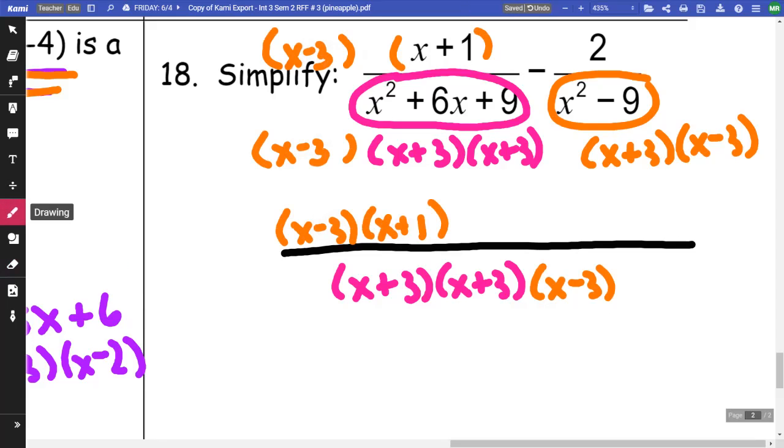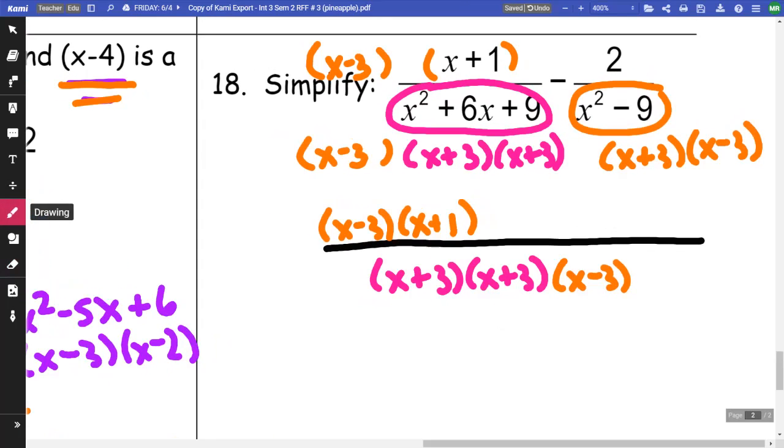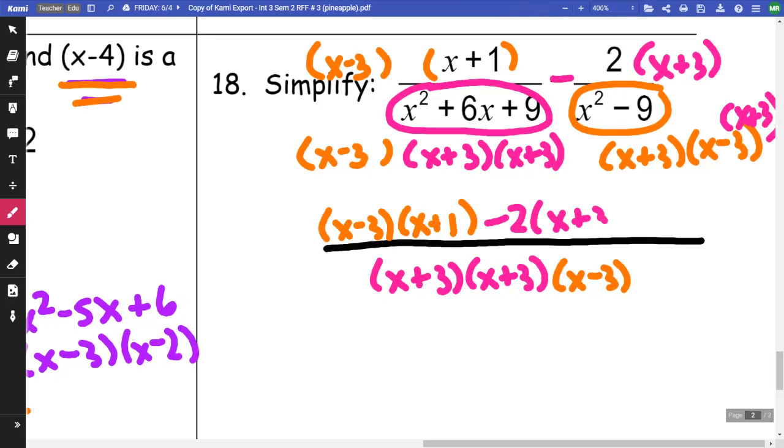On the other side, I have the x plus 3, x minus 3. I need another x plus 3. So I'm going to multiply, and there's a minus here that I want to pay attention to. So I'm going to multiply by an x plus 3 because I only have 1, but I needed 2, and the bottom by an x plus 3. So that's going to be a negative 2 times x plus 3.